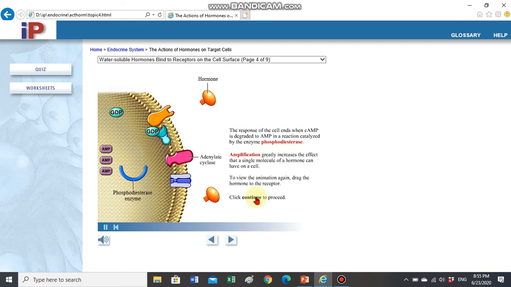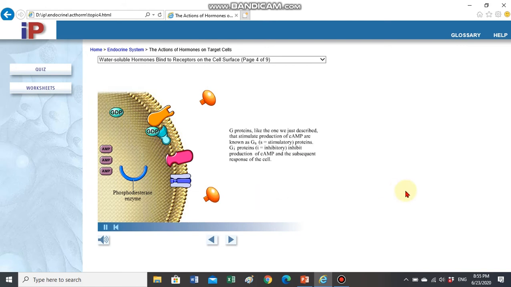Each functions as a second messenger. Diacylglycerol remains in the membrane where it activates protein kinase C, and inositol trisphosphate enters the cytosol. The activated protein kinase C phosphorylates other proteins, causing responses of the cell.